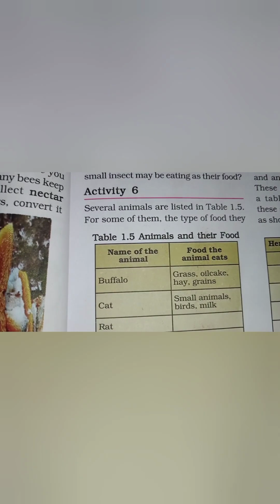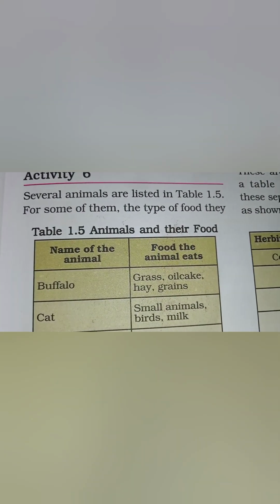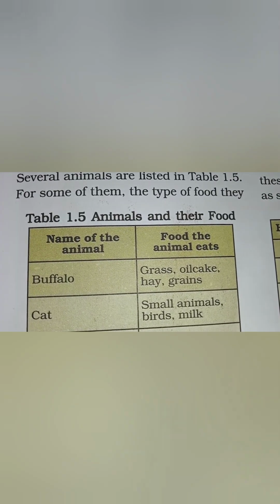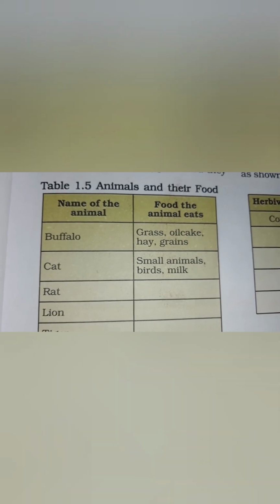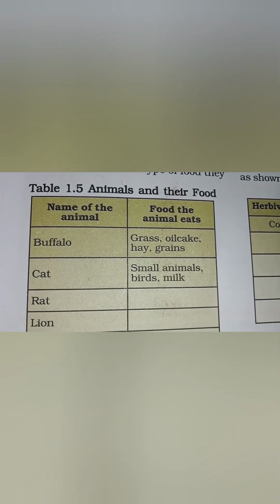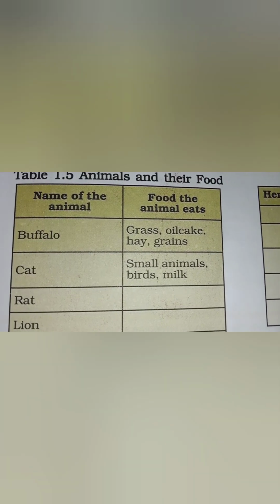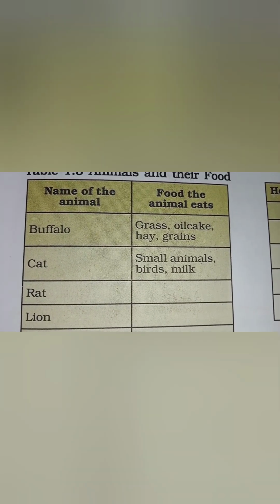Activity 6. Several animals are listed in table 1.5. For some of them, the type of food they eat is given. Table 1.5, animals and their food. Name of the animal, the food the animal eats. Buffalo: grass, oil cake, high grains.